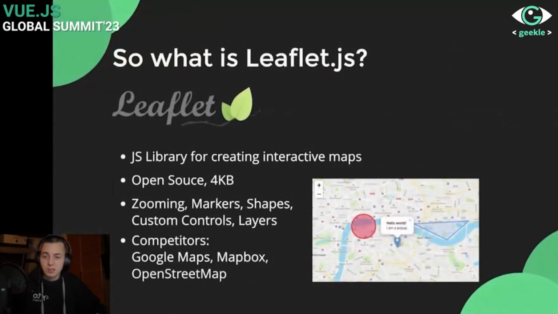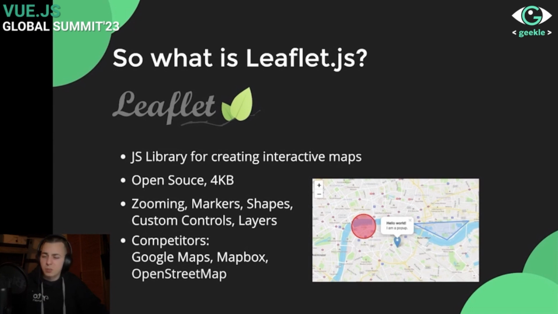So what is Leaflet? Leaflet, for those of you who don't know, is a JavaScript library for creating interactive maps. You can think of Google Maps, and other competitors also include Mapbox and OpenStreetMap, but essentially with this library we can create maps on the internet.